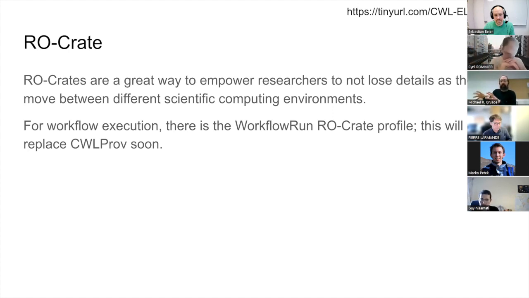And I'm hearing that sometimes the execution might have been a WorkflowRun, in which case you can have a blended profile. So it meets this community definition and it's got the WorkflowRun aspect to it. So all these different profiles in AeroCrate, you can blend them together and they're still well marked.